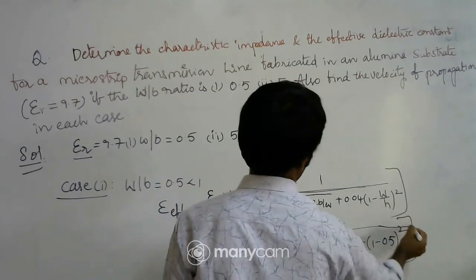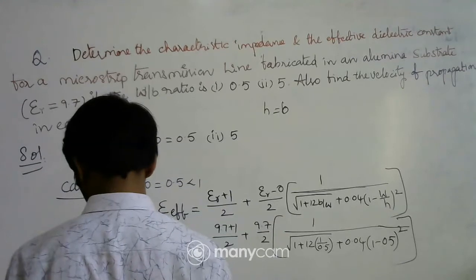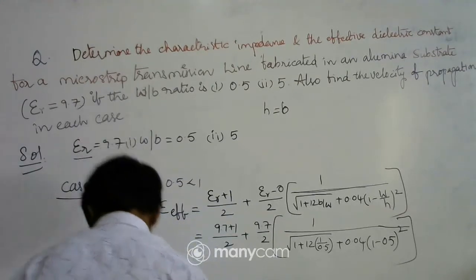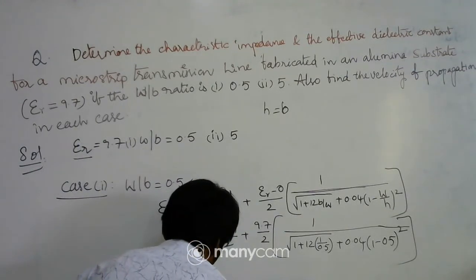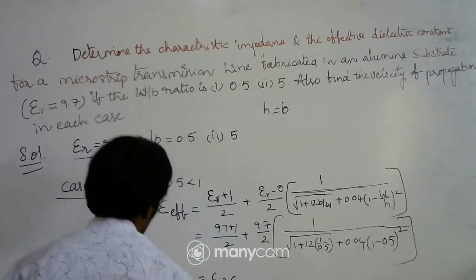Fine. Now simplify the expression. That equals 6.26, the effective dielectric constant.